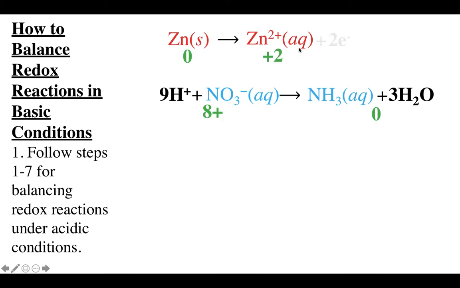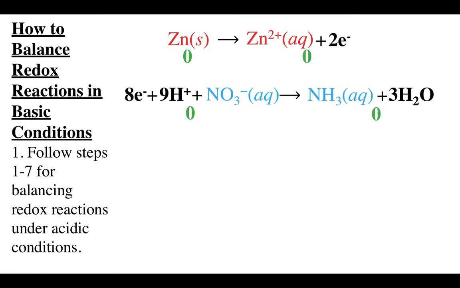So we're going to add 2 electrons to make this equal 0, because 2 moles of electrons will contribute -2 charge, so +2 and -2 combine to give me 0. In addition, here we're going to add 8 electrons so we can make the +8 equal 0. This is the more positive side, and 8 moles of electrons will give me a charge of -8, and these two will come together and give me 0. So now we have a net charge of 0 on all half reactions.